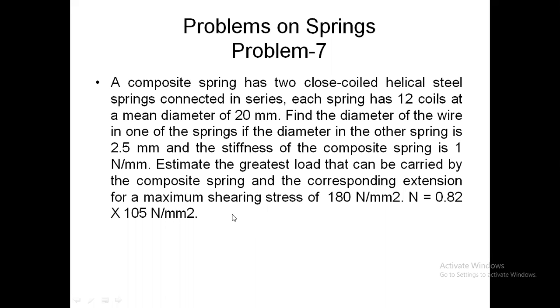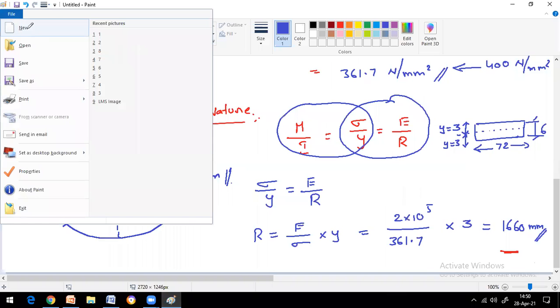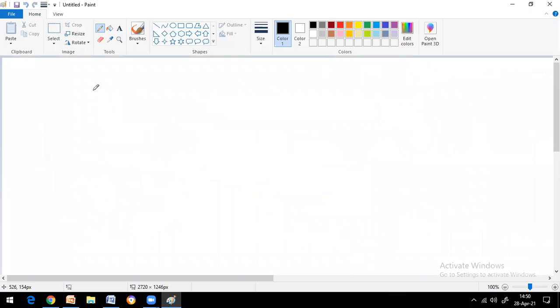Note it down. Let me write down the given data. This is problem number 7. Let me draw the picture first.